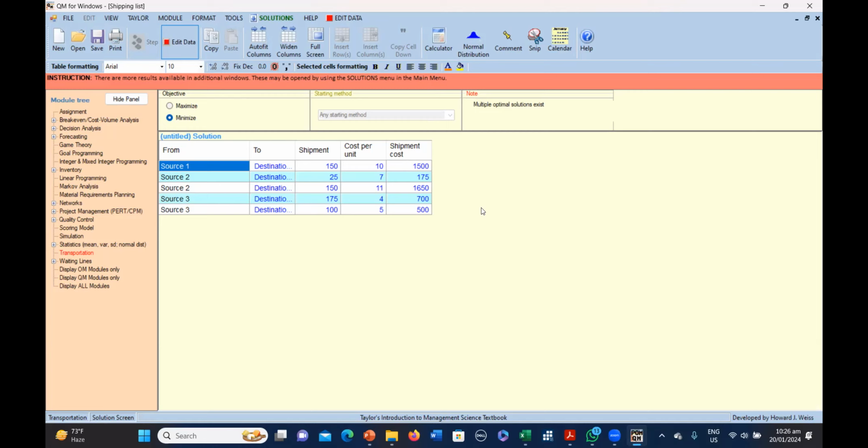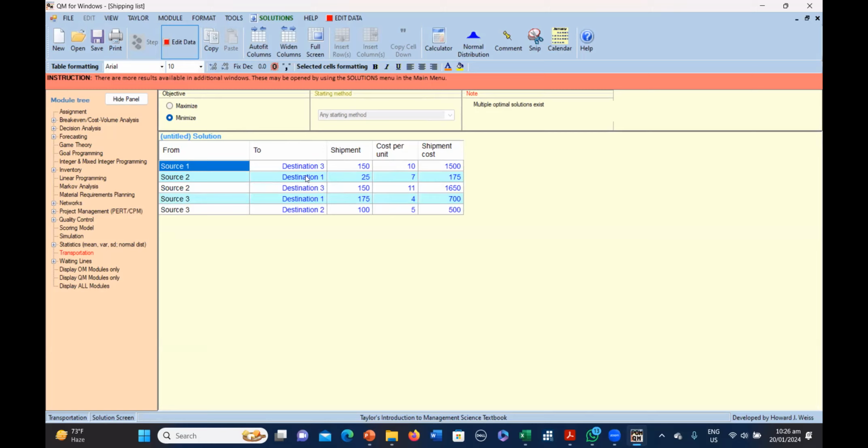It tells you that if you are moving the good from one destination to the other, this will be the cost. So you have the total cost and the unit cost, the quantity you should ship, and then the cost per shipment. So that one is easy for you to interpret.